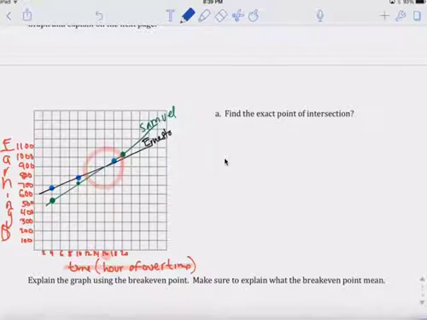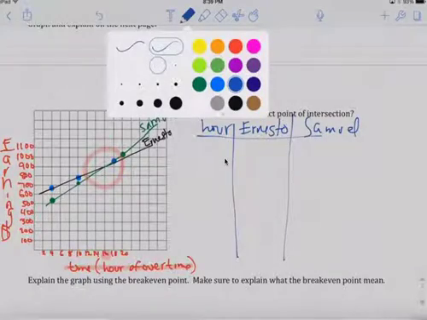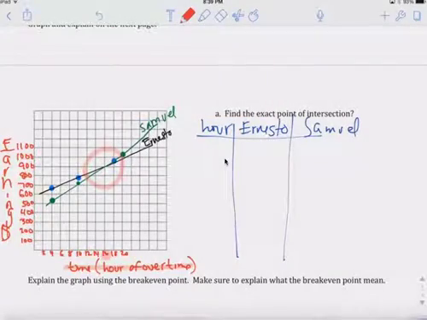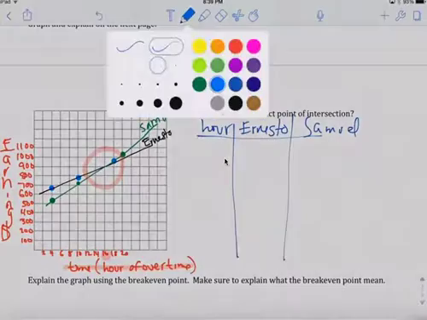This is hours of overtime, this is Ernesto's earning, and this is Samuel's earning. Let's see when they make the same amount. I guess 16 because it looks like the exact point to me, but the graph may be wrong because it's really, really hard to get the exact point. So you have to do the math.